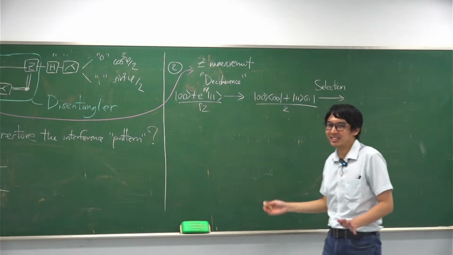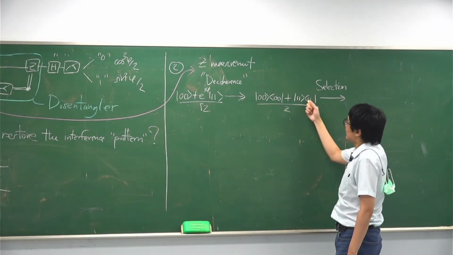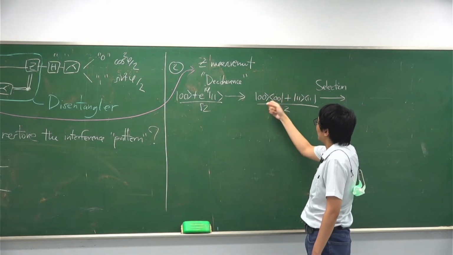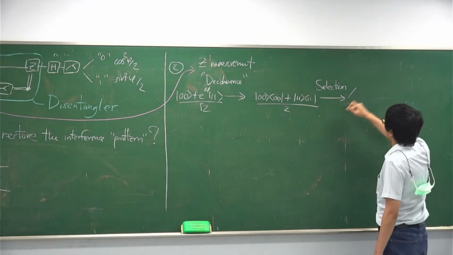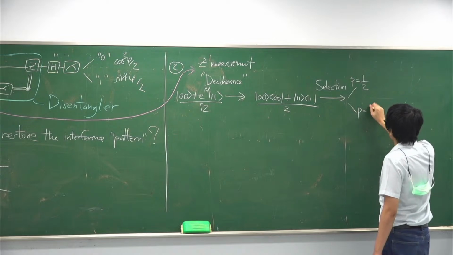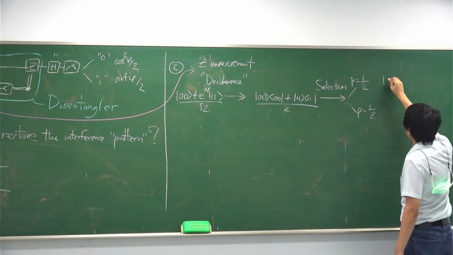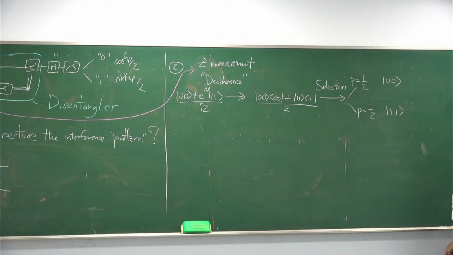And I sort of assume that this is already a classical probability distribution. Not really, but if I assume that here, it means that I have probability 1/2 of seeing this, or probability 1/2 of seeing that. Then I branch up here with probability 1/2 and 1/2, and I see the state here and here.